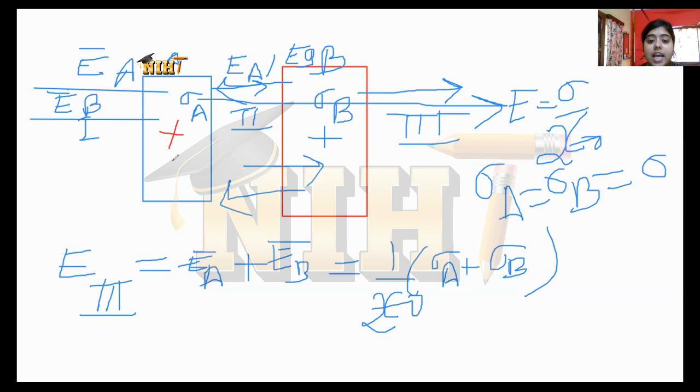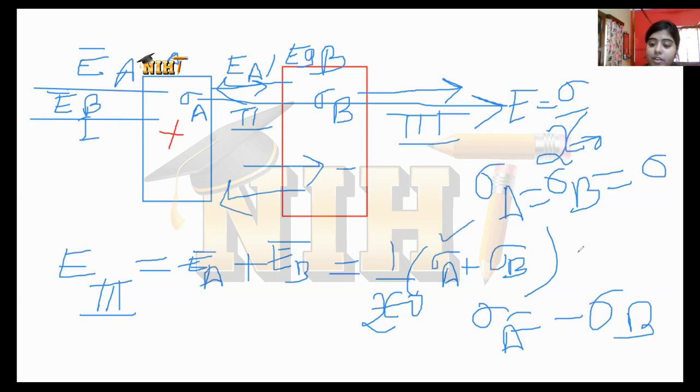Suppose this one is positively charged and this one is negatively charged. Then sigma A is equal to minus sigma B. So if in region 3 you put minus sigma B instead of sigma A, that will be 0. Again, in region 1, sigma A plus sigma B will be 0. But in region 2, it is sigma A minus sigma B, so if you put the values, you will get 2 sigma divided by 2 epsilon naught.